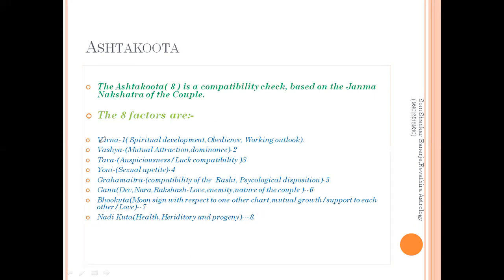These are prioritized in ascending order. So Nadi Kuta has got the highest, followed by Bhukuta, then Gana, Graha Maitri, Yoni, then Tara Balam, Vashya, and Varna. Adding it all, it comes to 36.